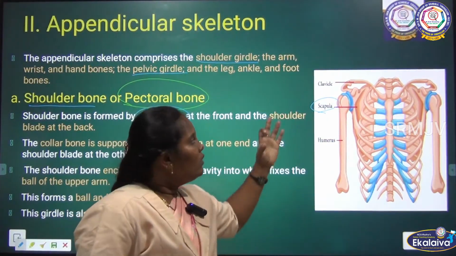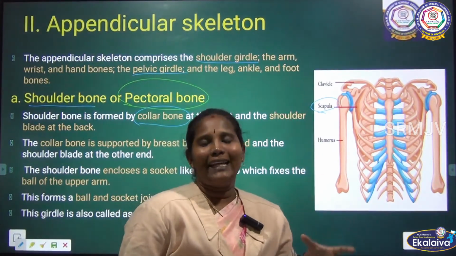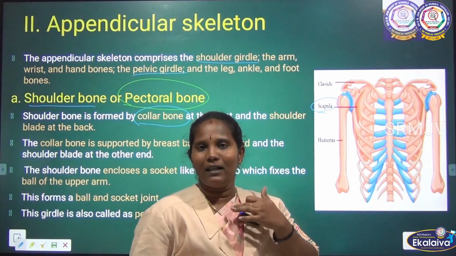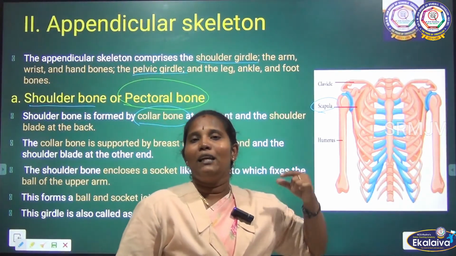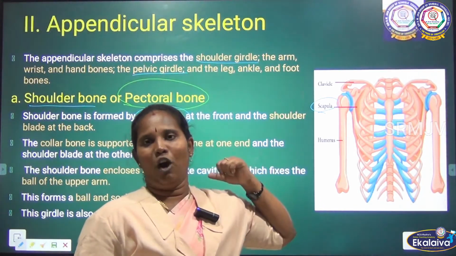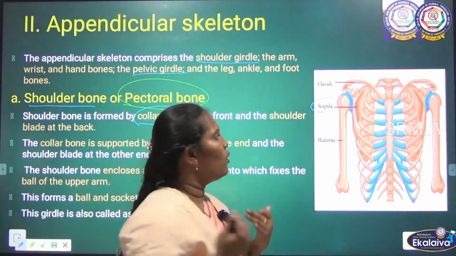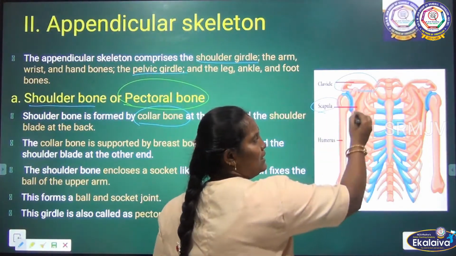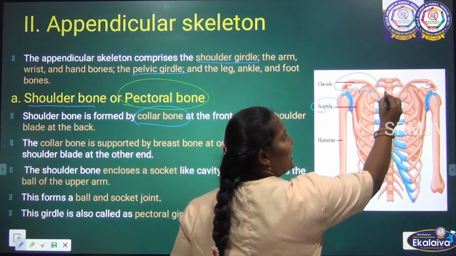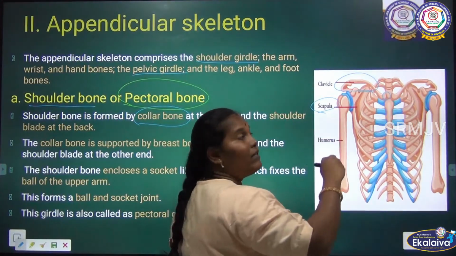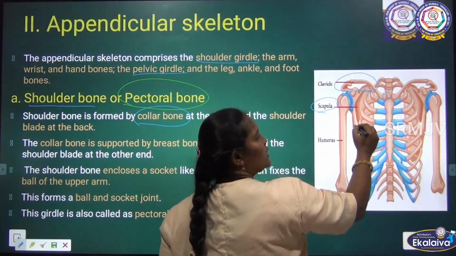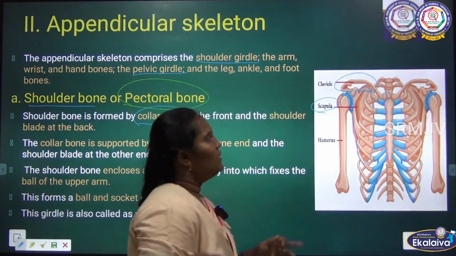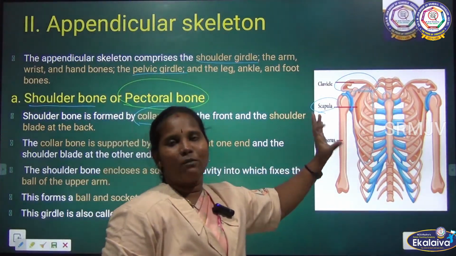One end of the collarbone attaches to the chest bone, and the other end attaches to the scapula. So it makes attachment on both sides.